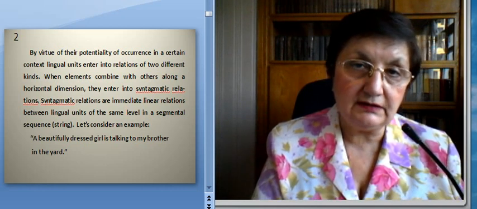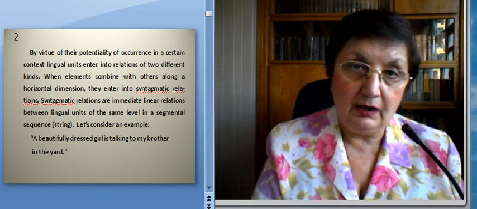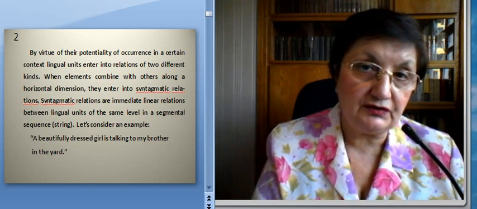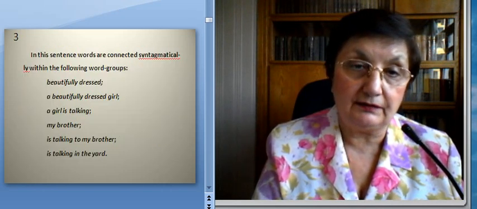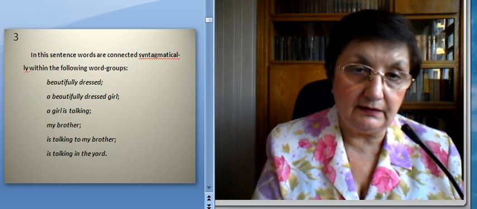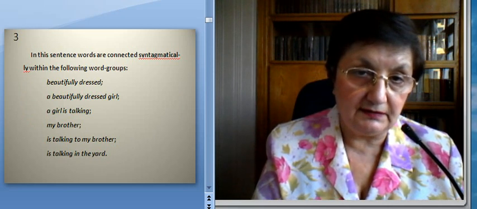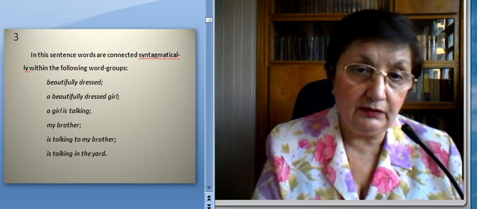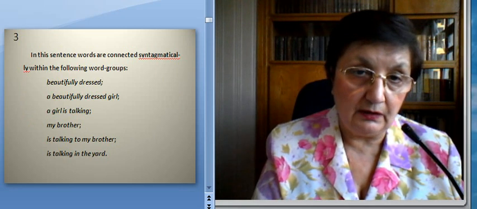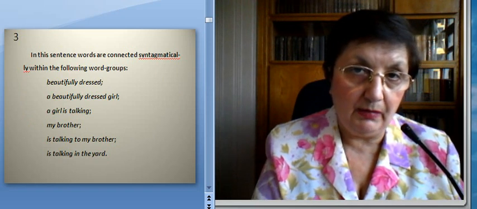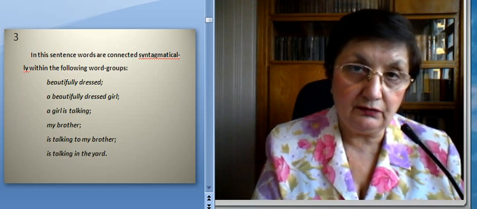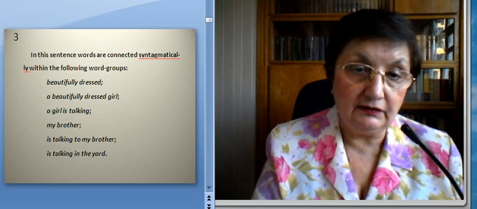Let's consider an example. A beautifully dressed girl is talking to my brother in the yard. In this sentence, words are connected syntagmatically within the following word groups: beautifully dressed, a beautifully dressed girl, a girl is talking, my brother, is talking to my brother, and is talking in the yard.